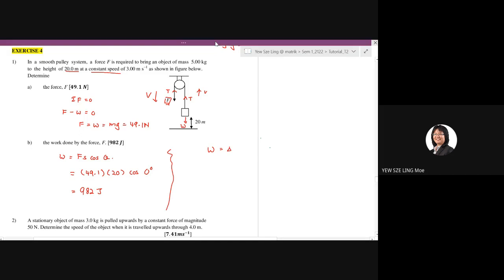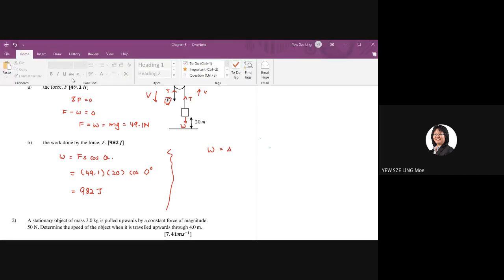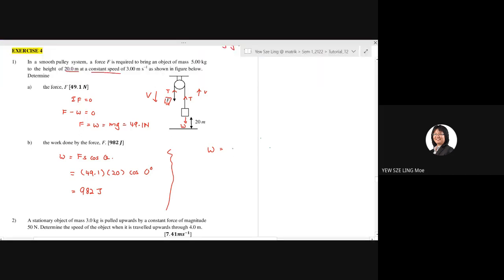negative delta U, then what we are going to have is negative, again, mgh final minus mgh initial. H initial we take as ground, which is h equals 0, and h final is 20.